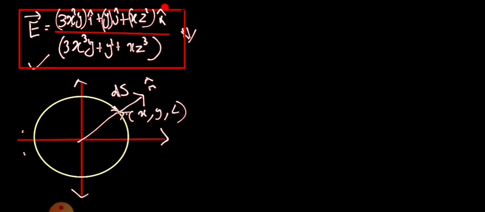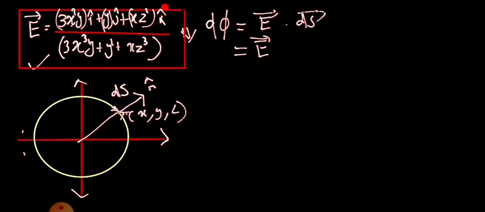As we know, dφ is equal to E dot ds, and the ds vector can be written as the magnitude ds times its direction, which is r cap.